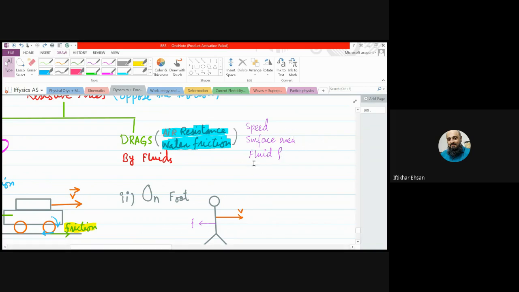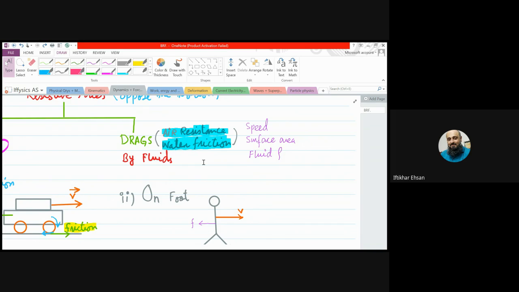It also depends upon the density of the fluid. Water is denser than air, so water resistance is stronger than air resistance. If you throw a stone in the air, it will go some distance, depending upon how much force you have applied. But with the same force, if you throw a stone inside the water, within a moment it will come to a very slow speed.